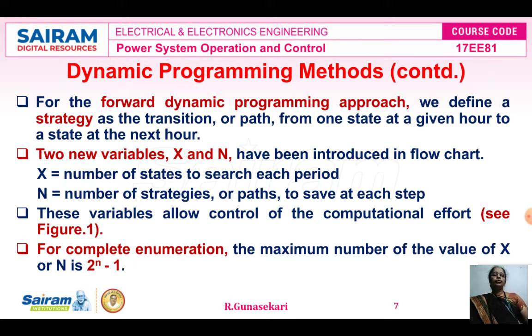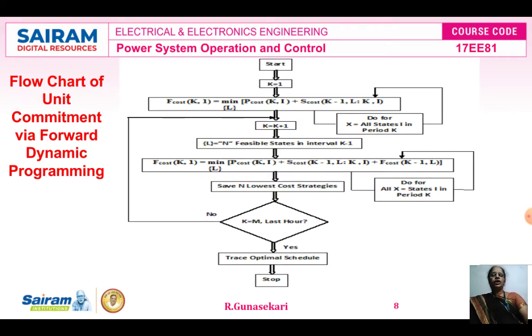These two new variables x and n are introduced in the forward dynamic programming approach, which is used in the flow chart. The control of the computational effort is explained in figure 1. For complete enumeration, the maximum value of x or n is 2 power n minus 1. Now you see the flow chart.